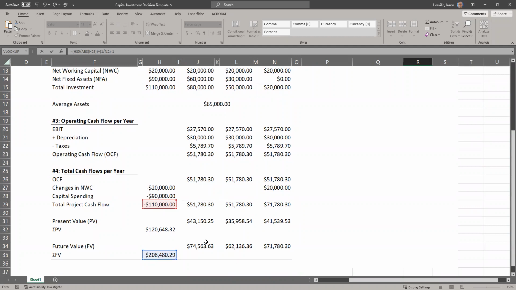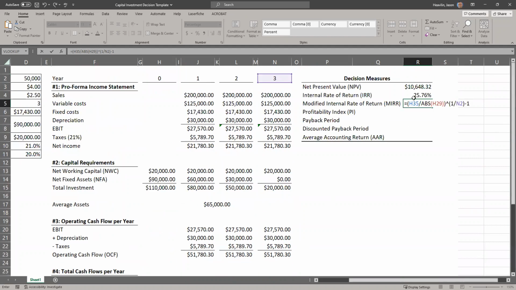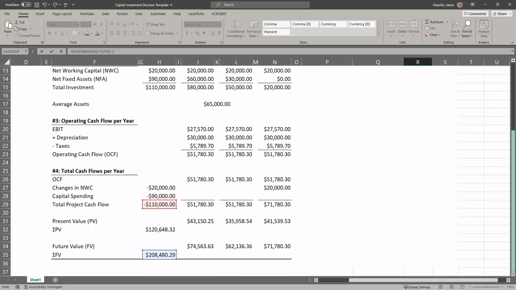The sum of the future value of the cash flows is our starting point on this formula. We're going to divide that by the absolute value, that's what that ABS means, of the total project cash flow here.